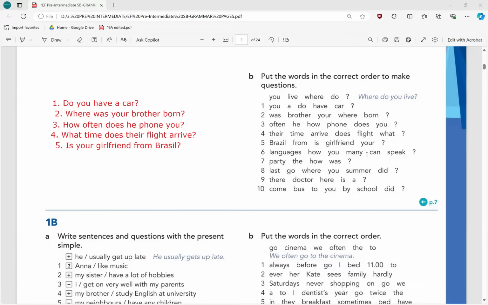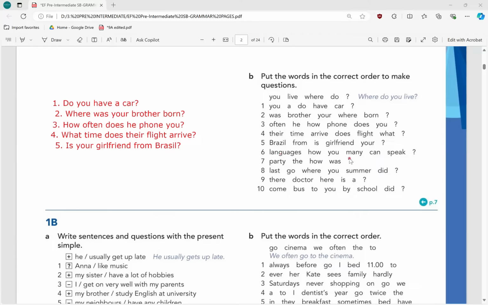Number 6. Languages, how you many can speak. So again, we got here question word, how many. And then as you can see, we don't have do, does, but we got can. So when we have can, we don't need do or does or did. So how many what? How many languages? So sometimes question words can be long, guys.